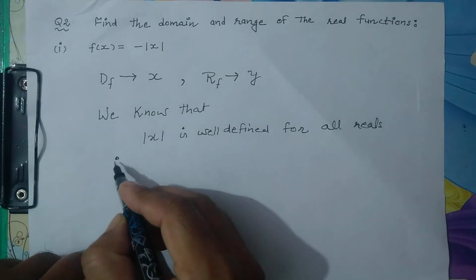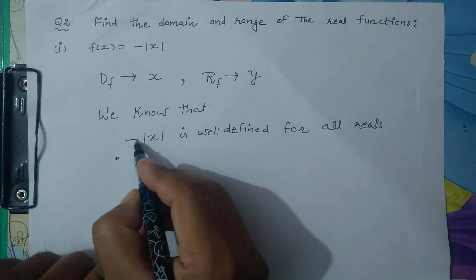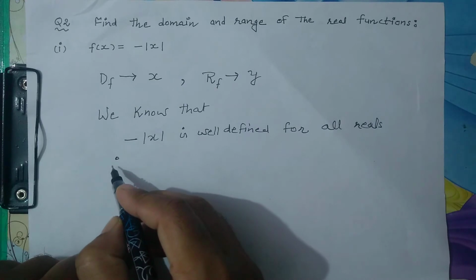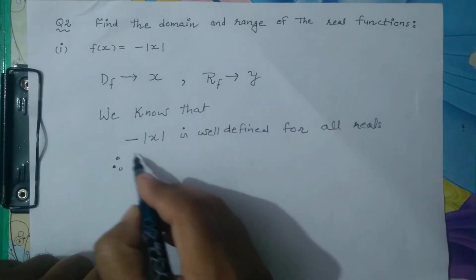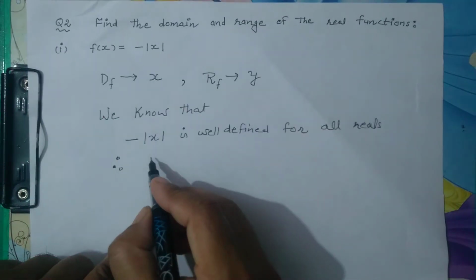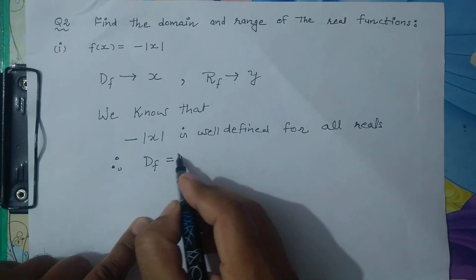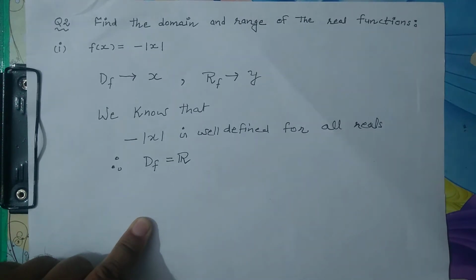So minus mod x is also well defined for all reals. So what we say, this is the whole function. So domain of the function is equal to the set of all real numbers.